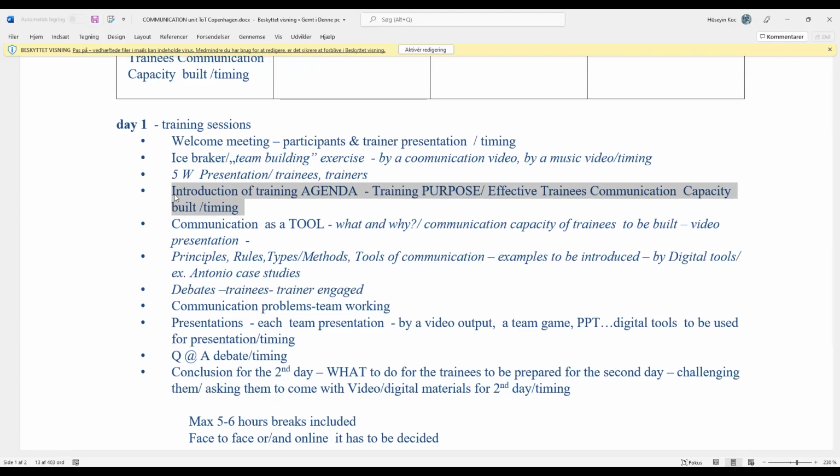In fact, you build capacity on communication, on entrepreneurship, build capacity for the trainees. Remember our discussion again: principles, rules, types, methods, tools on communication. It depends, it is up to you as a trainer to identify from a short assessment of needs and expectations what they want from you in 2 days, in 8 days, what they expect.